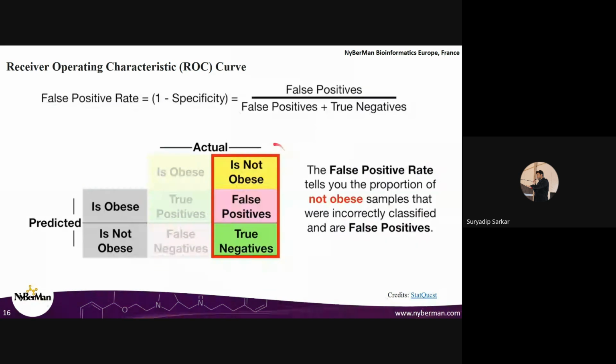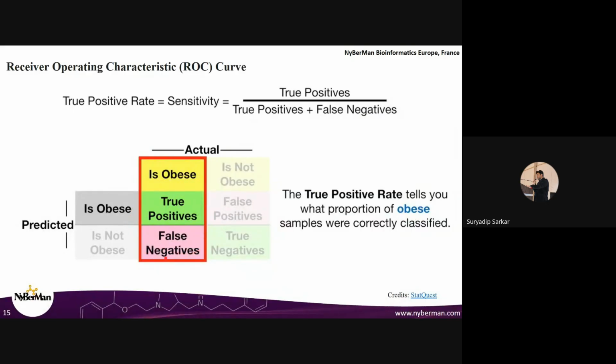Because we have false positives in the numerator, these are the people who are actually not obese, so they do not belong to the positive class, but our model has predicted they belong to the positive class, or that they are obese. So this is telling us the proportion of not obese samples that were incorrectly classified. This is kind of a metric to tell us how wrong our model is, and the true positive rate is kind of a metric to tell us how right our model is.